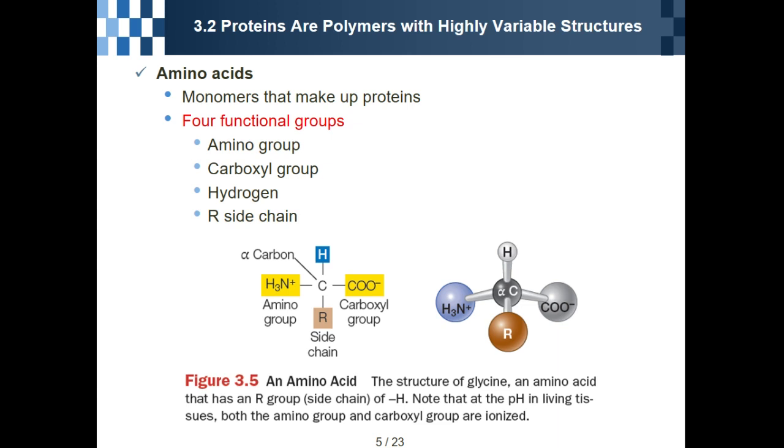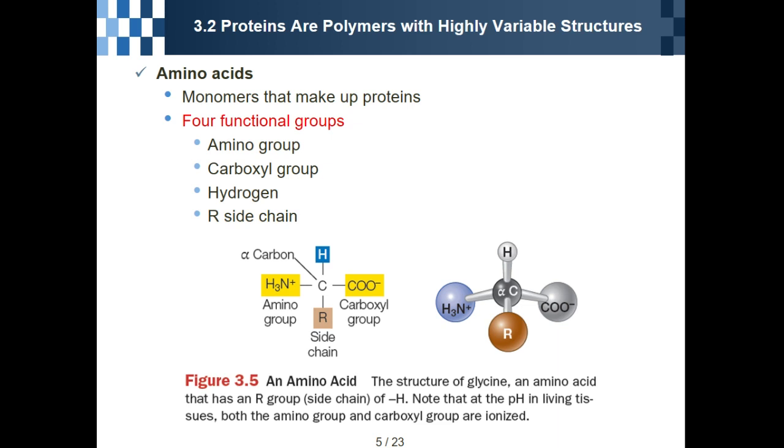The basic subunit of the protein is called amino acid. So amino acids are the monomers that make up the protein. They have 4 functional groups: the amino group, carboxyl group, hydrogen, and side chain.